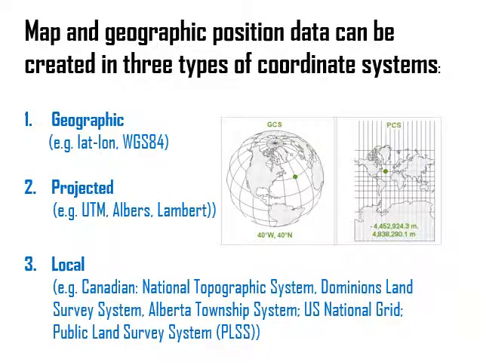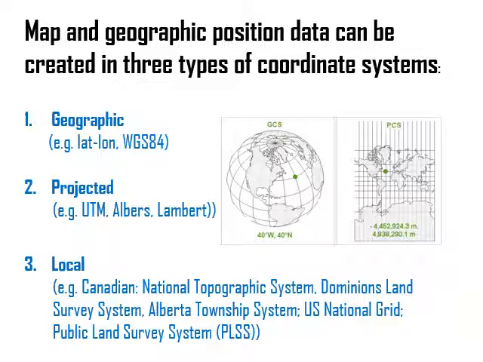In order to indicate where you are on Earth and to map where you are on Earth, we basically have three broad choices. We can do that in a geographic, a projected, or a local coordinate system. A geographic coordinate system basically tells you on the geoid where you are, and usually we indicate that with latitude and longitude. The projected coordinate system is going from that geoid to a flat map sheet, and we have to make choices about projections.